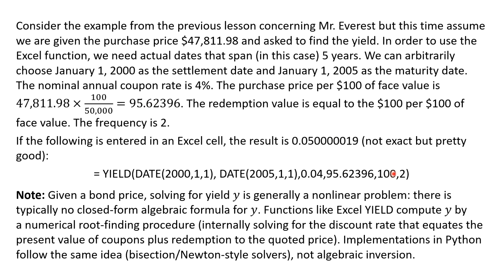The redemption value was a percentage of the face value. It's 100. And then 2 was for the biannual. And we get this number here. So it was pretty close. The initial example was 5%. So when we had to approximate it here, we just came off by a little bit.